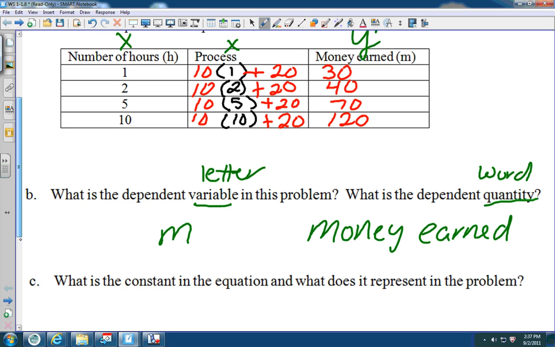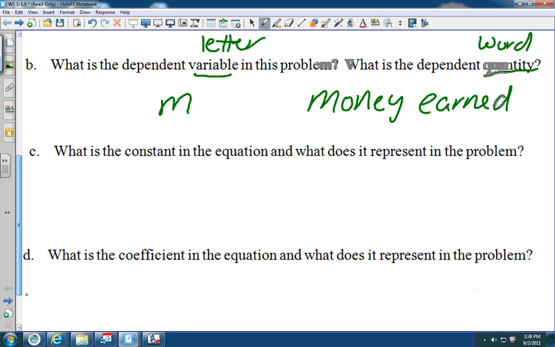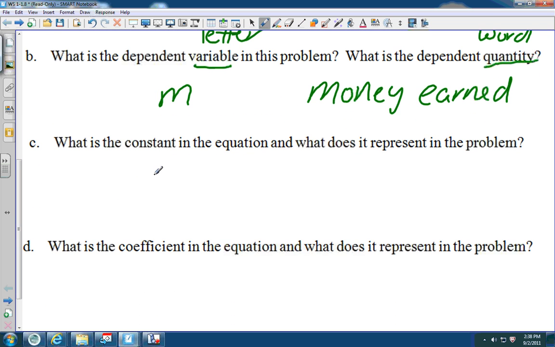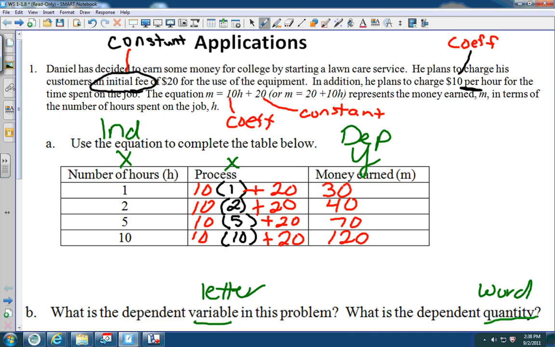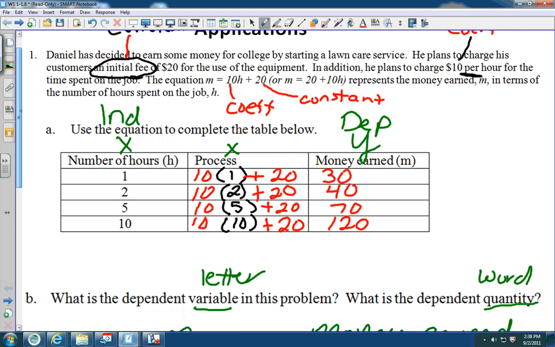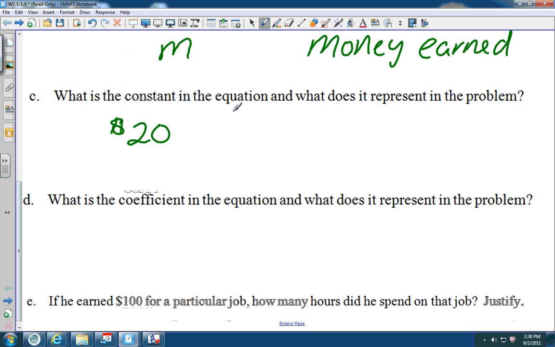Right here it says, what is the constant in the equation? That constant was 20. Well, what was that? If we go back up here and look at it, it's the initial fee for the use of the equipment. So I'll come back down here, and I have initial fee.